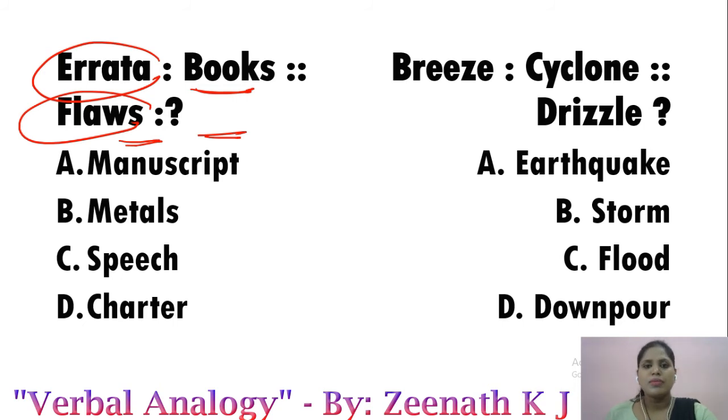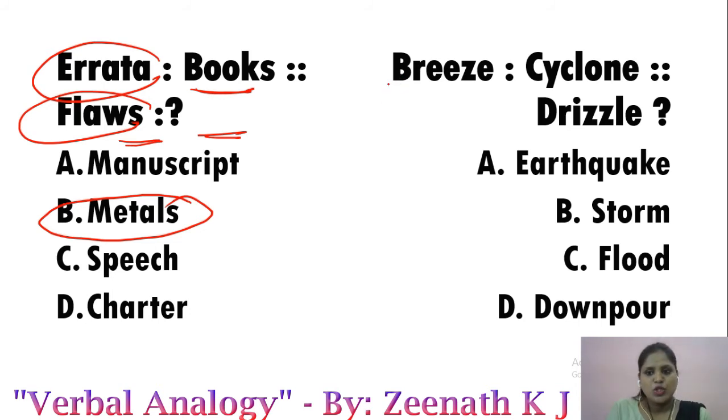Usually, whenever you commit a mistake while making anything out of metals, it's usually called flaws. Maybe you're using gold or silver or copper and you're making something out of that. Whether you're making utensils or ornaments, doesn't matter. So when you make a mistake while making something out of metals, it's actually called flaws. So the correct answer has to be option B, metals.